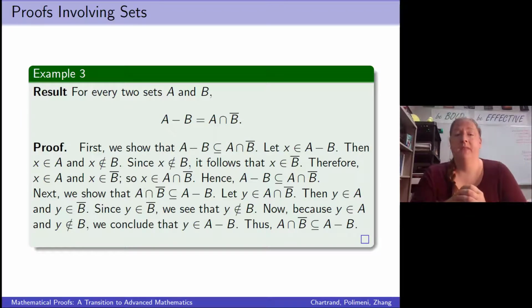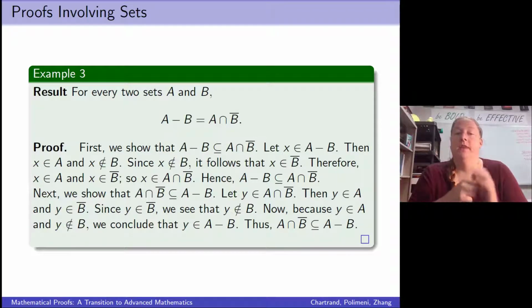So here's an example. I have two sets, A and B. I want to show that the set A minus B is equal to the set A intersect the complement of B. So whenever we're trying to prove equals between two sets, what we generally do is prove two set inclusions. So this proof follows that model.